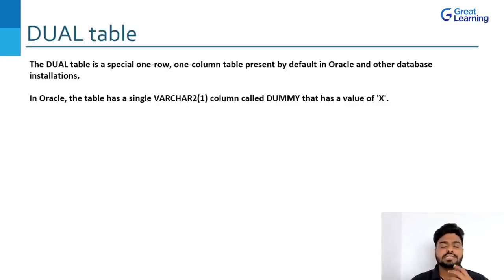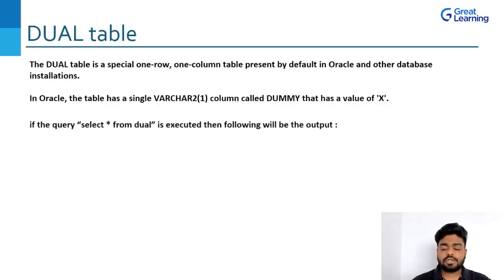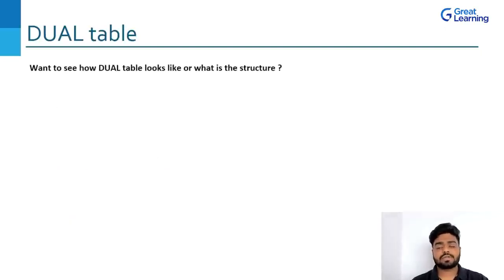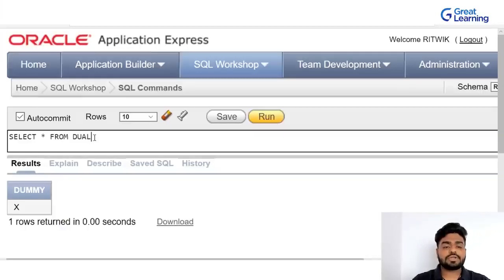Okay. Now what does this dual do? Let's understand. Dual is kind of a practice table where you can do whatever you want. So let's say that I want to print the system date. So we use sysdate, which I've shown you already. Now, if I want to see the description of this dual table, I can just write desc dual.